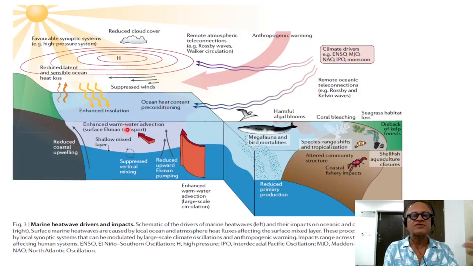So of course gas exchanges can also be affected by these things, and there are climate drivers that can occur, like El Nino, Madden-Julian oscillation, which is an intraseasonal time scale process, North Atlantic oscillation, which is typically a lower frequency thing, interdecadal Pacific oscillation, which is a very low frequency thing, monsoons, which are seasonal, and on top you have anthropogenic warming, which is a trend on multi-decadal time scales.